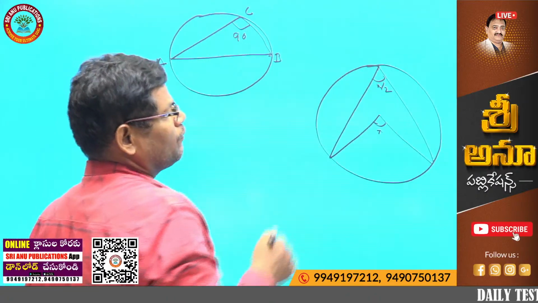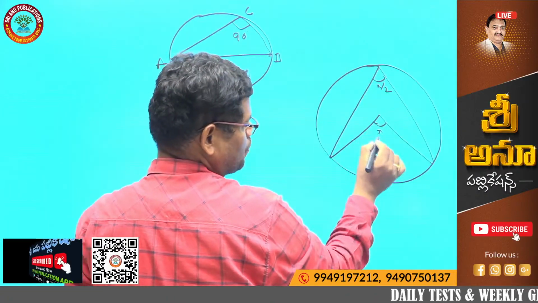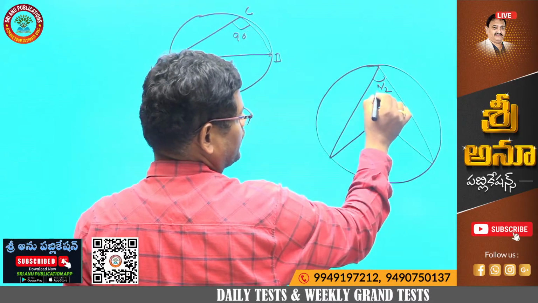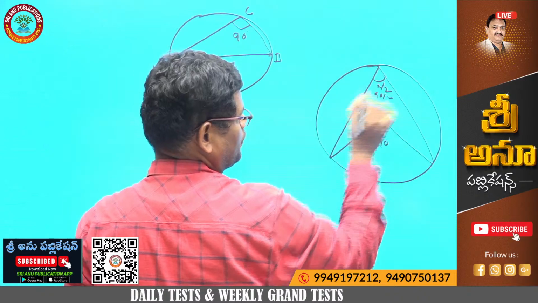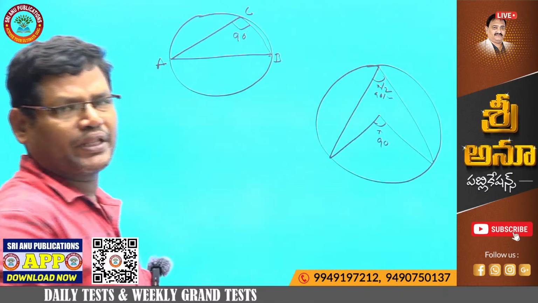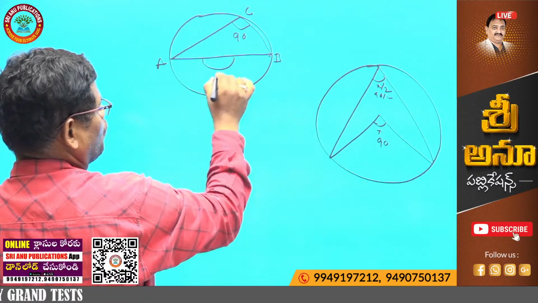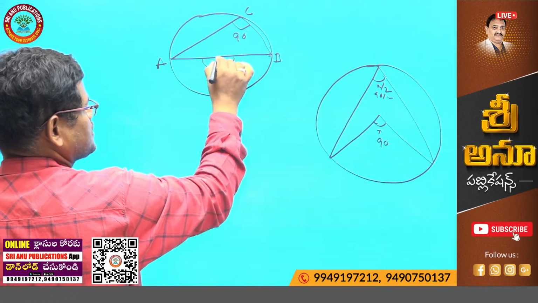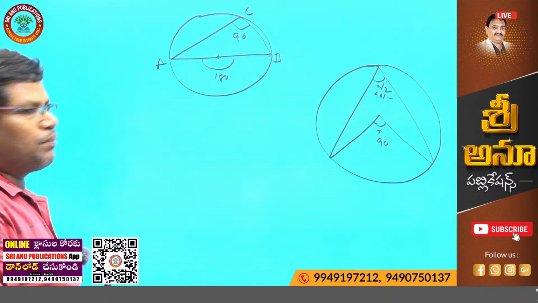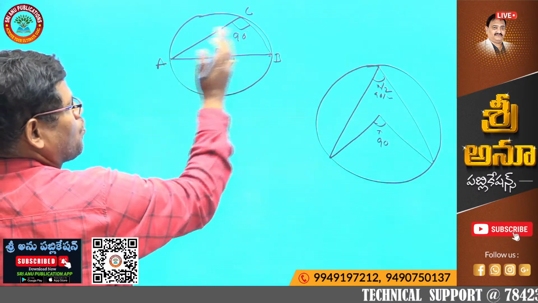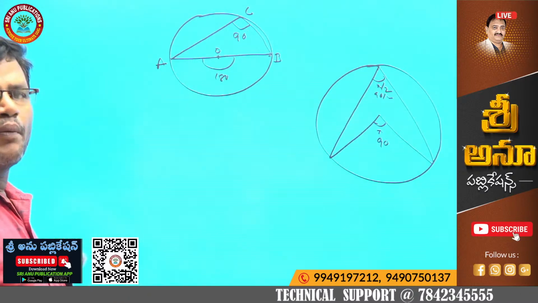So here we are discussing the angle. Suppose 90 degrees is there, then 90 by 2 will be there, meaning 45 degrees. So here also the total angle equals 180 degrees. Why? Because this is the fixed point. Suppose O is the point, and OA and OB are two rays.